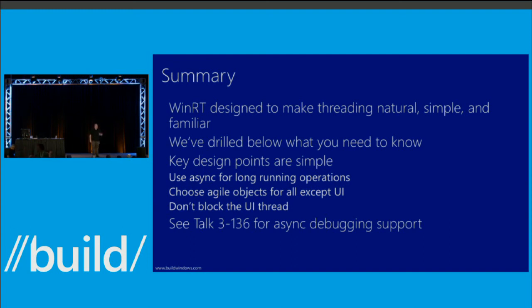Go ahead, sir. At the beginning of your speech, you mentioned that you noticed some of the WinRT coders are using task wait, and that was a bad thing to do. Can you give a little bit more info about that, please? So in C#, task.wait on the UI thread does a blocking wait.